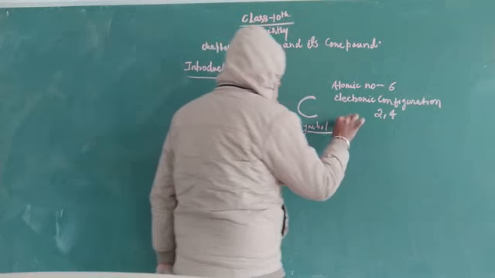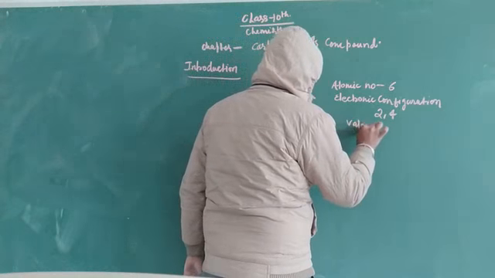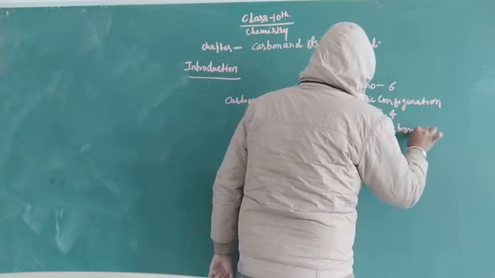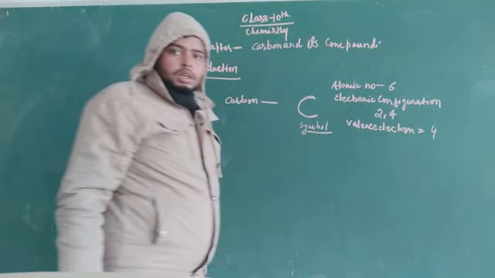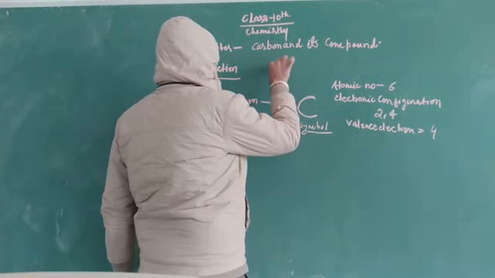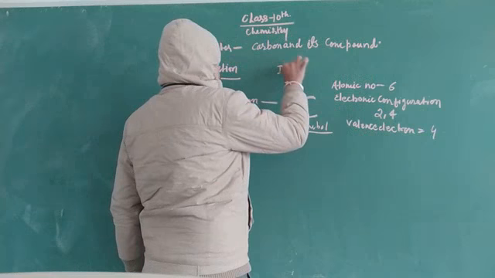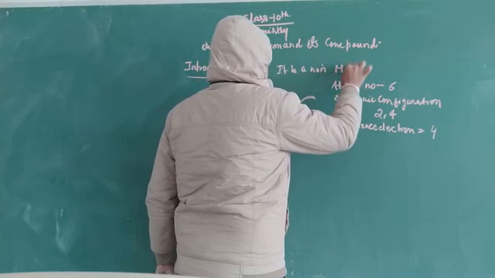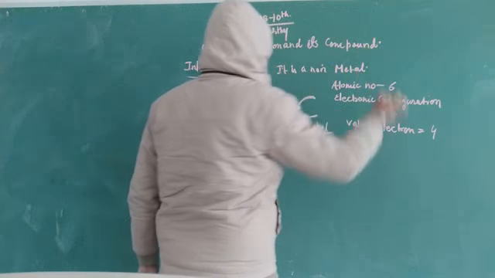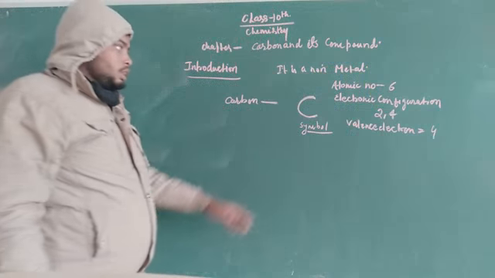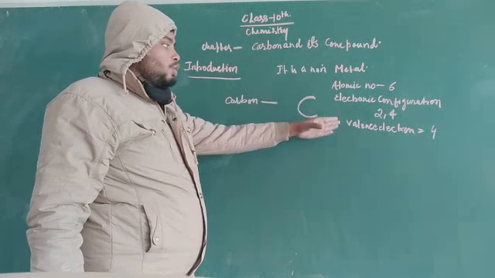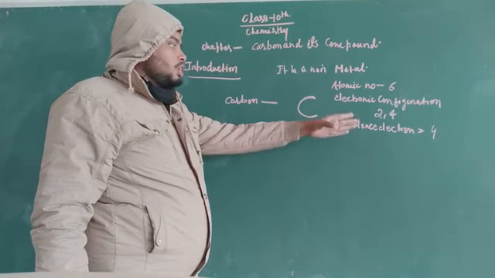That means the valence electrons are 4. Clear? It is a non-metal. Its atomic number is 6, electronic configuration is 2,4 and valence electrons are 4.